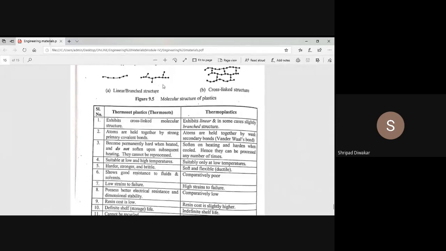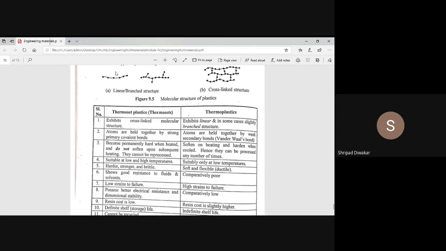On the other hand, thermoplastics are very soft in nature. They become soft when you heat and hard when you cool, and reprocessing is possible in thermoplastics.